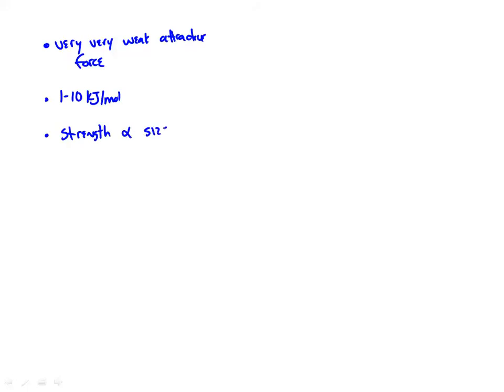And that value can vary widely because the strength of that attractive force is proportional to the size or the mass of the atom or molecule. And so the larger a molecule is, the easier it is to polarize.